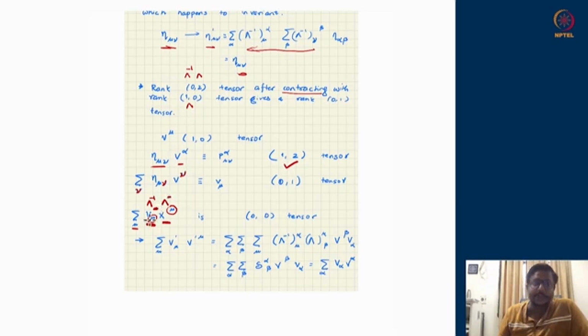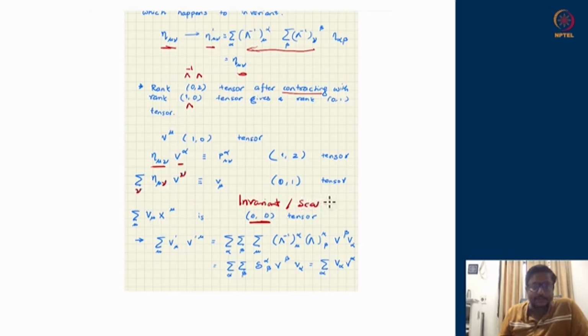That means it is matrix multiplication and this becomes identity. That means nothing is left over. This becomes a rank 0-0 tensor. No lambda is left after this operation. So it is a rank 0-0 tensor. That means it does not change with any lambda under Lorentz transformation. So a rank 0-0 tensor is also an invariant or a scalar.